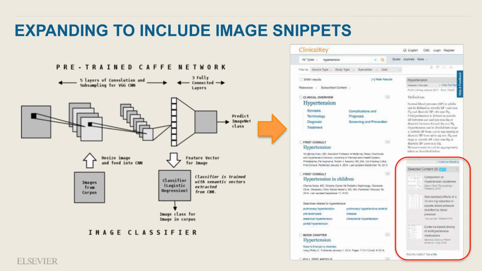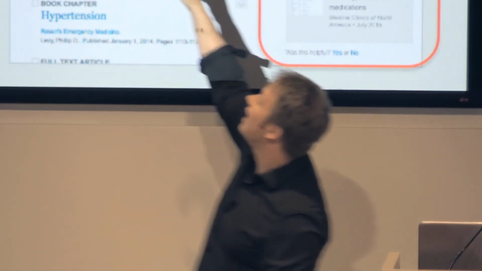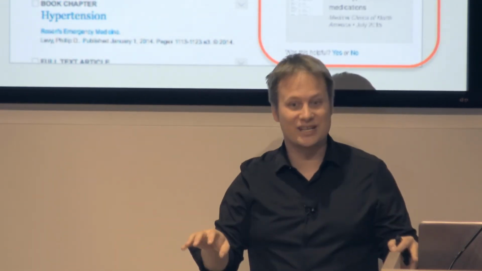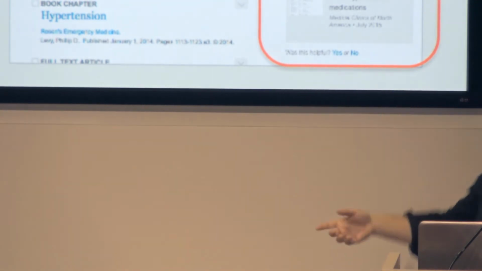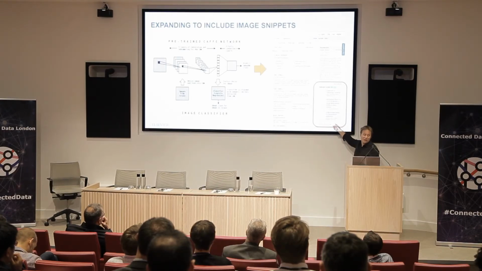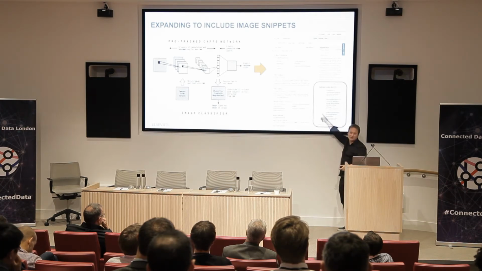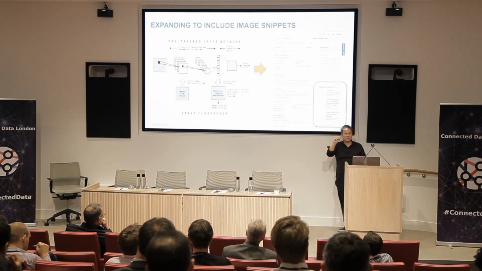That's really the important part now, that we can attach each of those decision trees or tables directly to an entity within our knowledge graph. And that's cool because now somebody can type something like hypertension, and we can do the lovely box thing that you expect nowadays in a search engine, where we surface that selected content that is exactly known to that entity.